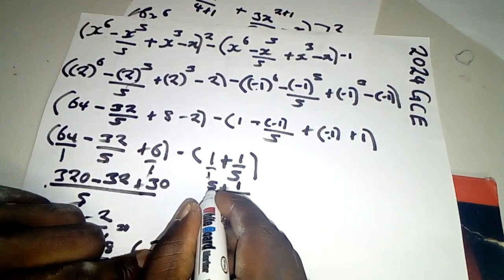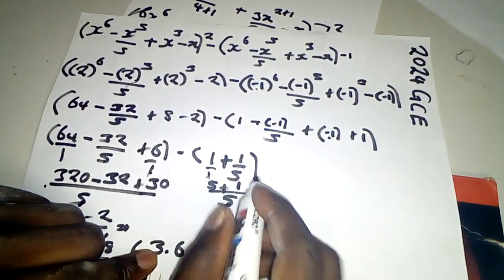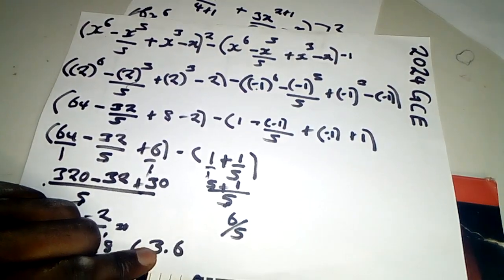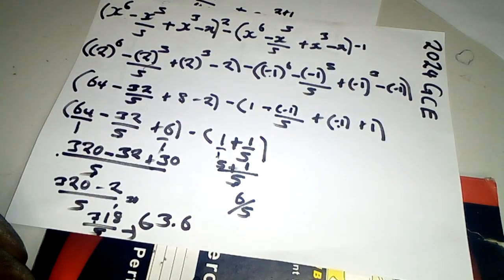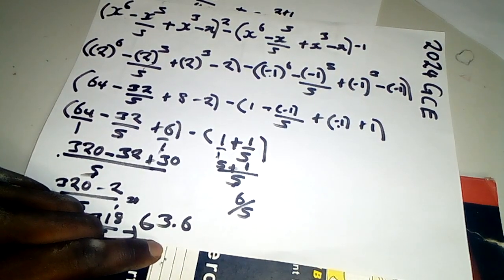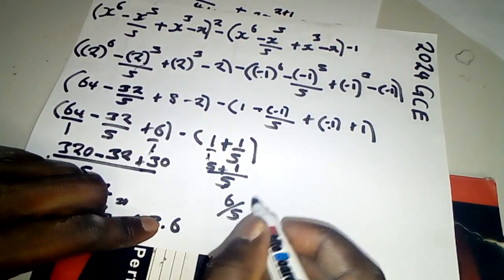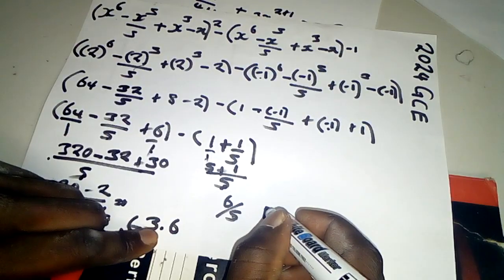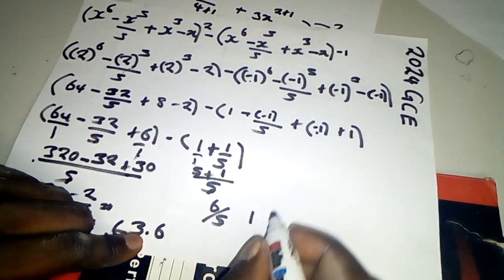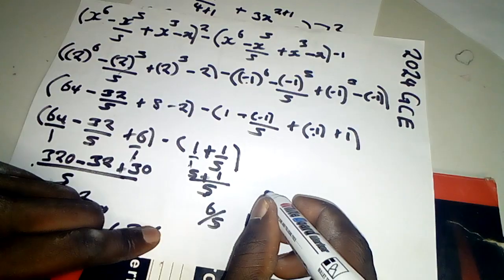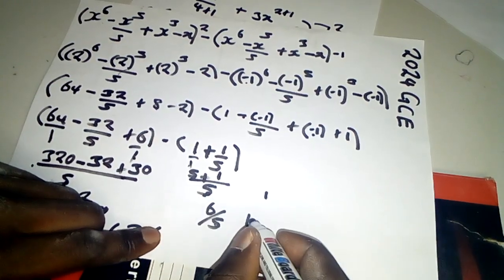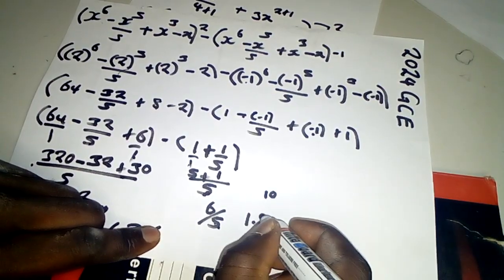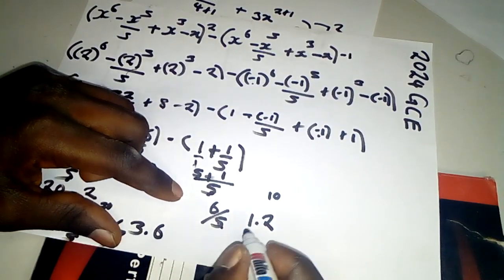So 5 plus 1 will get a 6 divided by 5. Okay, 6 divided by 5. So 5 into 6 will get 1, remainder 1. Okay, so put a point there. Then 5 into 10, it is a 2. So this side we are getting 1.2.